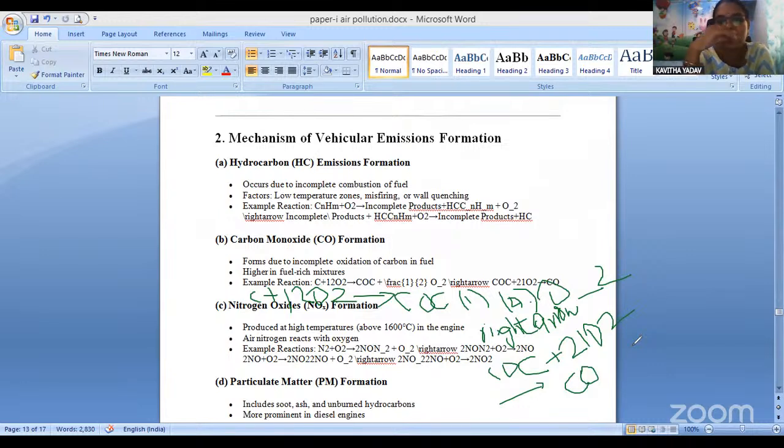Incomplete products are found in carbon monoxide formation in these reactions, and they directly enter our atmosphere. That's why these are very harmful gases entering our atmosphere due to vehicular combustion.